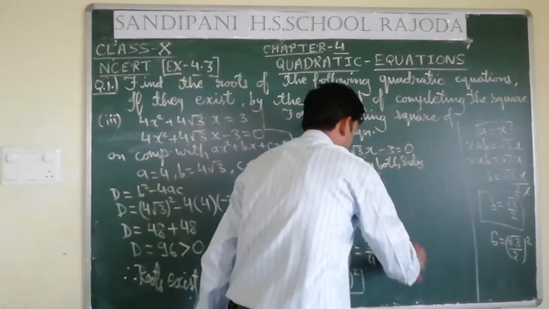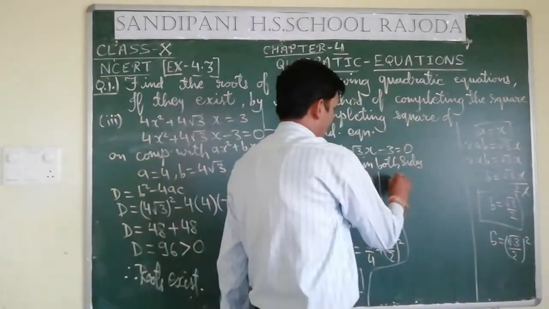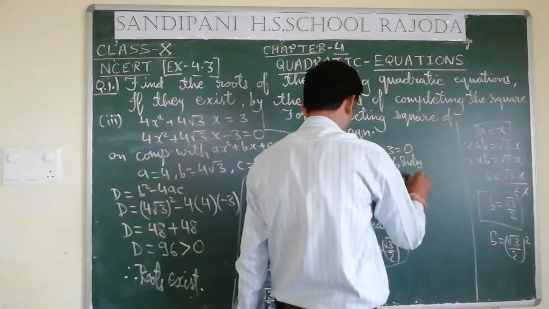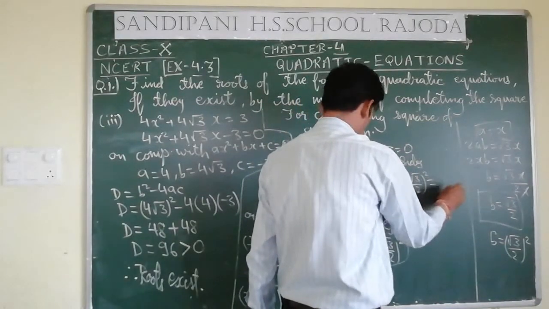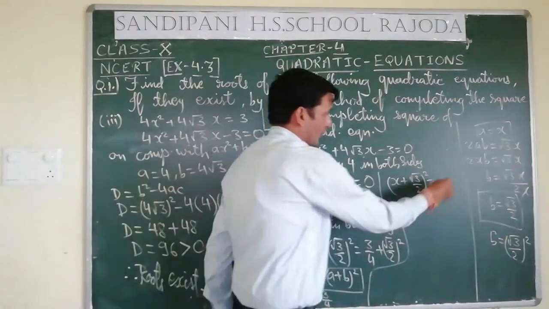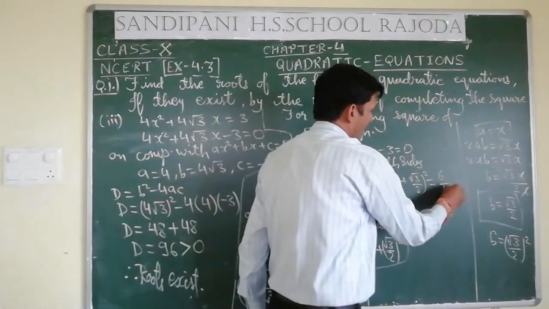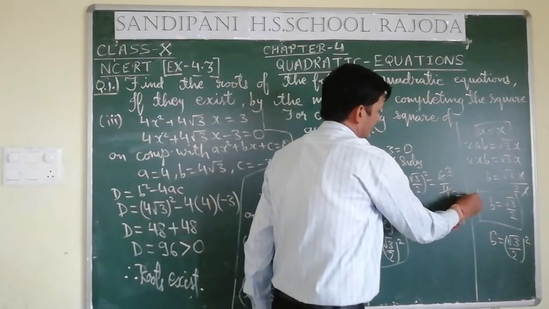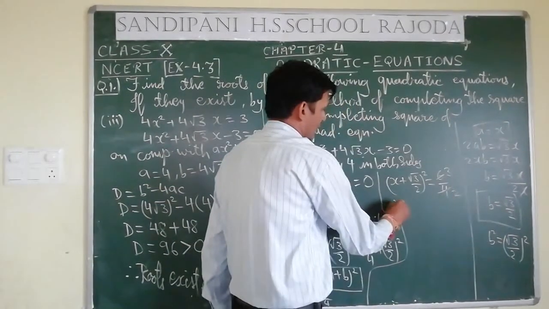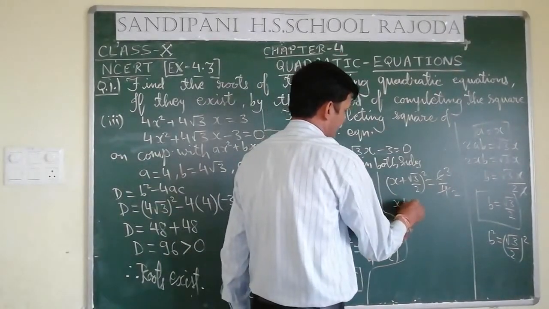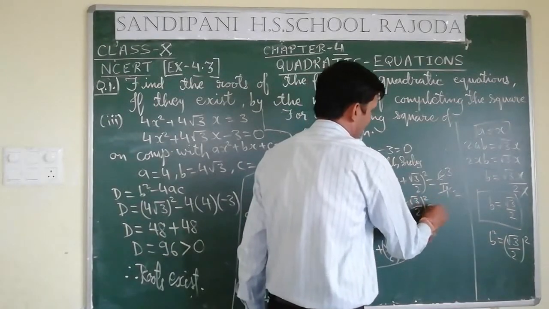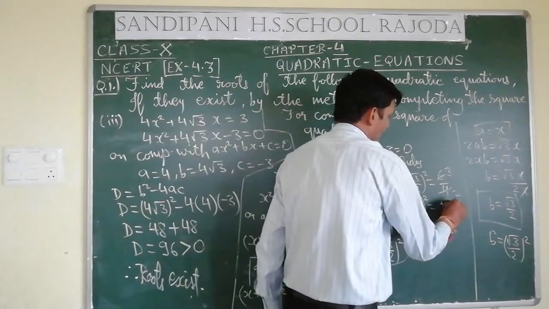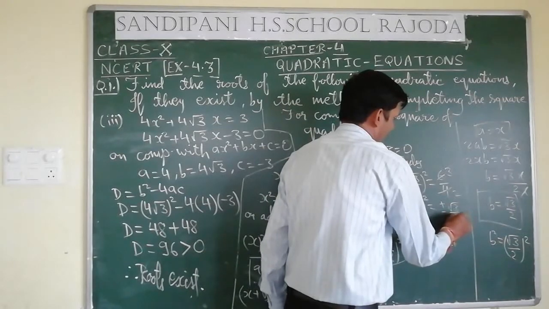So we may write here x plus root 3 by 2 whole square is equal to 6 by 4. 6 by 4 means 3 by 2. So x plus root 3 by 2 whole square is equal to plus minus root 3 by root 2.